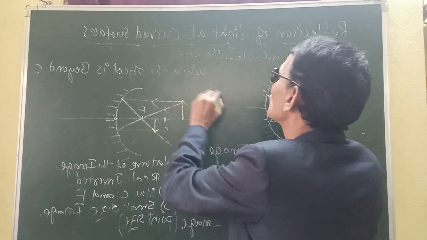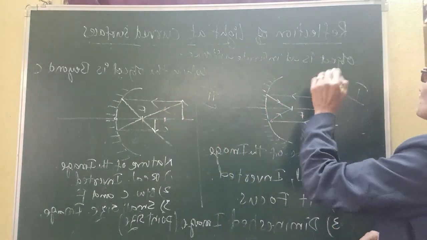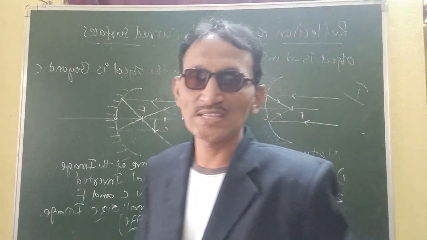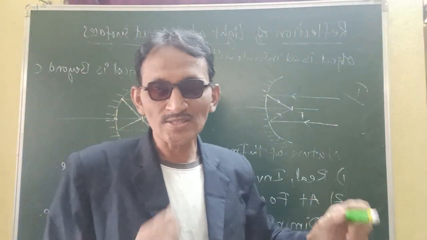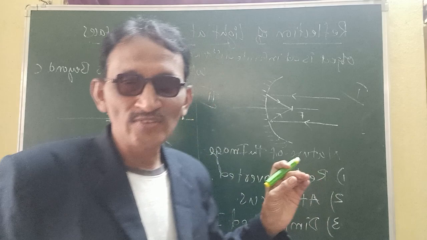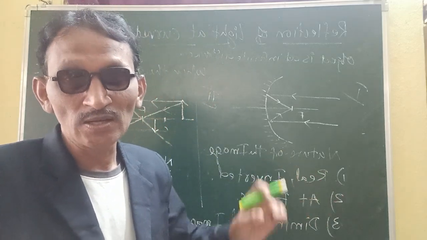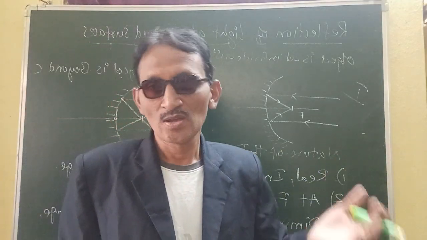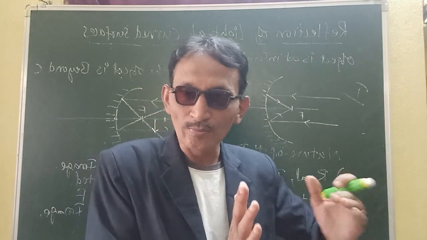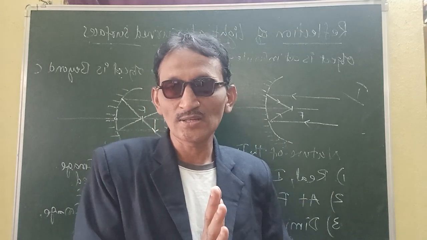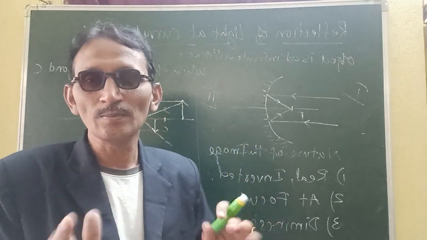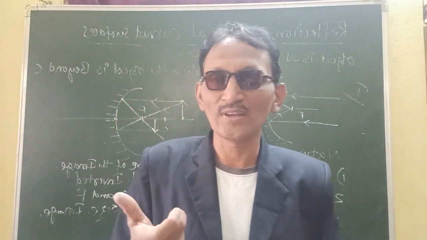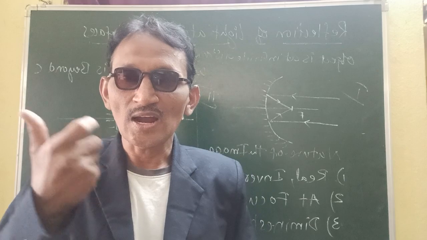This is condition number 2. This is condition number 1. So we have two conditions here. First condition is the object is at infinity. All the rays converge at a single point, and a diminished point size image is formed. Real inverted image. When the object is brought beyond C, second condition, the image is formed between the center of curvature and the focus.